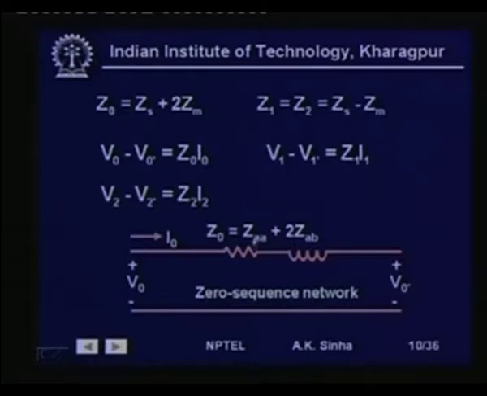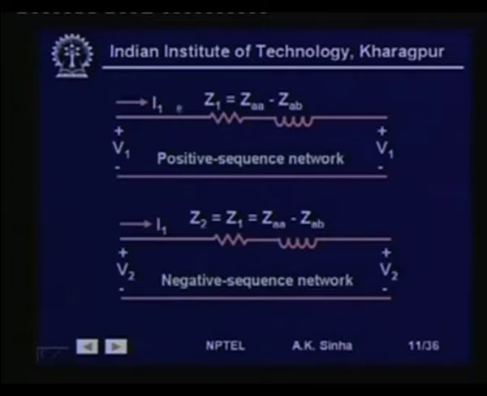This value comes if we do not have the neutral wires. When we have the neutral wire, then this will be Zs plus twice Zm, and the current I0 will flow in this.